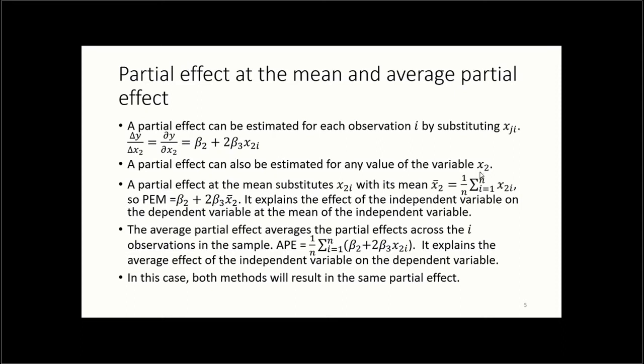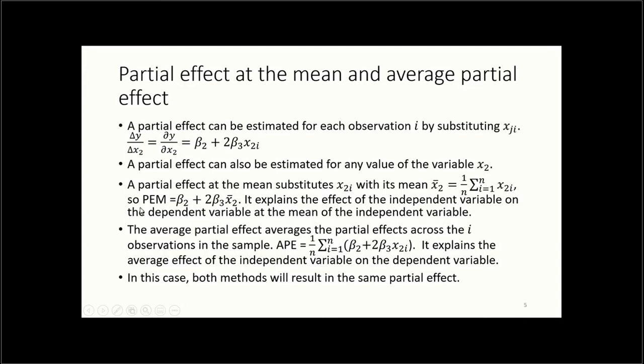So for a partial effect at the mean, we would substitute x2i with its mean, which is x2 bar, and that mean is obtained by taking the average of x2i over all the i's. So it's the simple average formula, where we have 1 over n times the summation over all the i's of x2i.